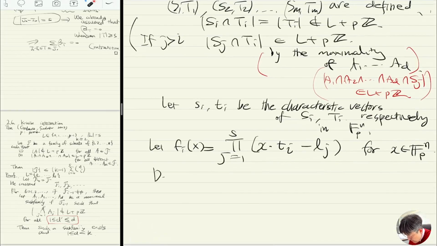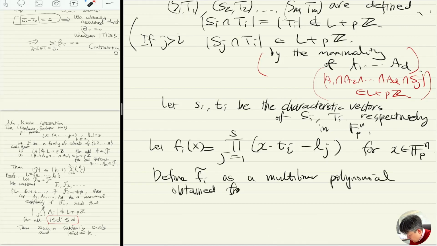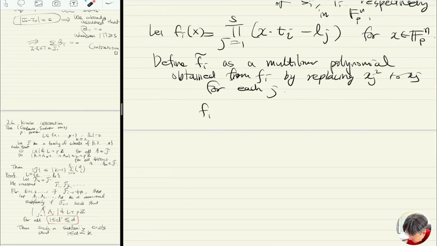And again, define F_i tilde as a multilinear polynomial obtained from F_i by replacing x_j squared with x_j for each j. So this allows us to say that F_i tilde of x is equal to F_i of x for all 0,1 vectors.